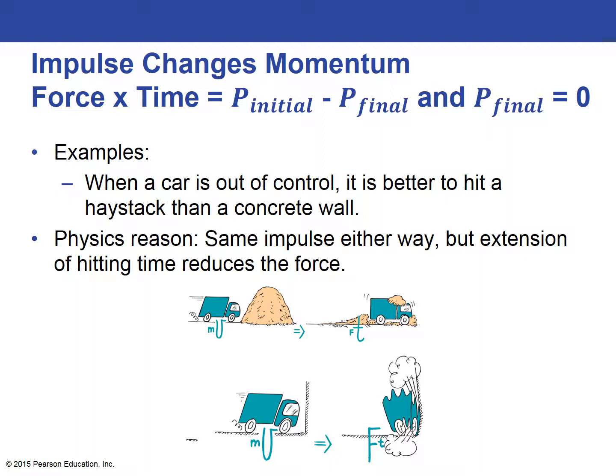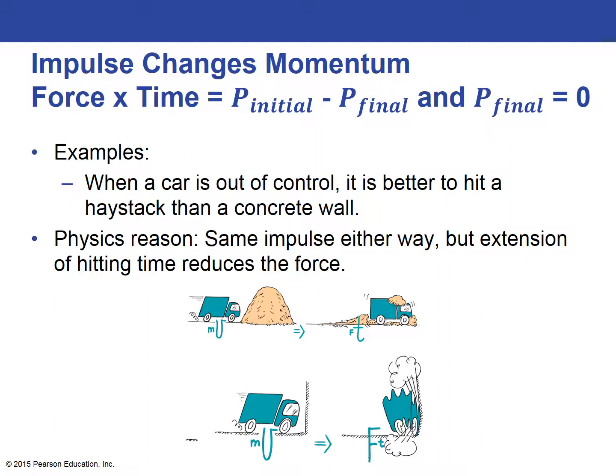So we see here that this in fact tells us why we have a much safer scenario with a haystack. We use the same analogy when we have airbags deployed on the steering wheel, so that our head velocity moving forward gets slowed down much more slowly than if it goes to the hard windshield, which will be an abrupt, very short time of impact, and therefore the force of the impact is much stronger.